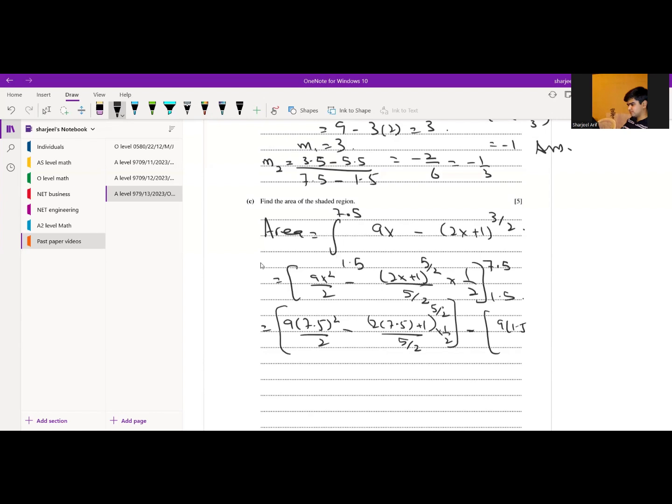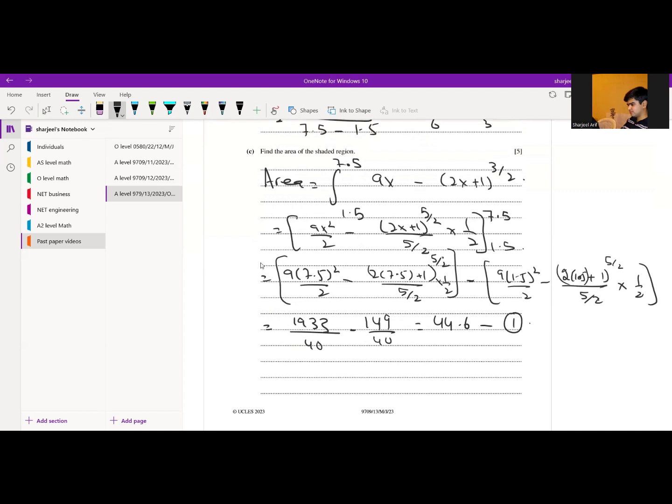So simplify it to get 1933 over 40 minus 149 over 40. So this will be equal to 44.6. This is equation number 1.